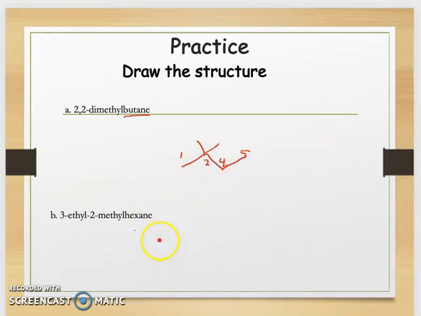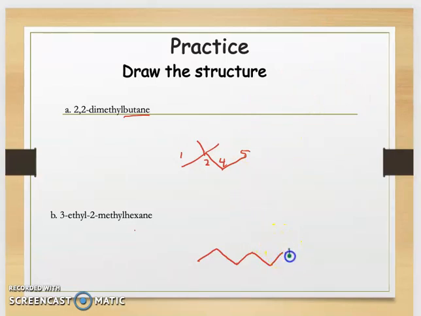Alright, so next we have 3-ethyl-2-methylhexane. So your hexane, 1, 2, 3, 4, 5, one more, 6. Okay, so this time I'm gonna count my carbons from the right side, just for a change.